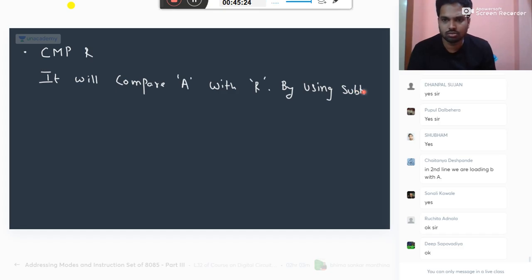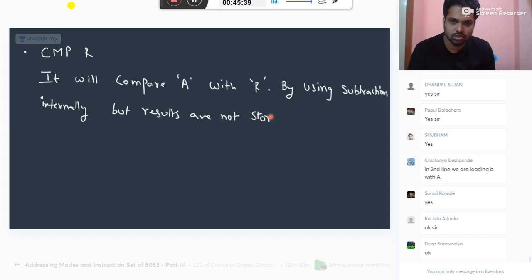So it will check three conditions: whether A is greater than R, A less than R, or A equal to R. If A is greater than R, it will show carry 0, zero flag 0. If A is less than R, it will show carry equal to 1, zero flag equal to 0, like a borrow.